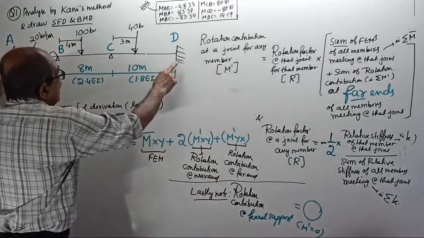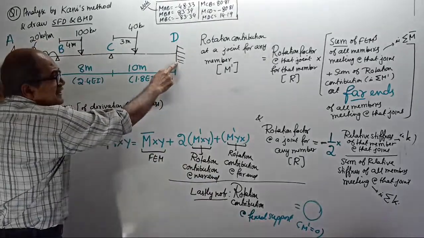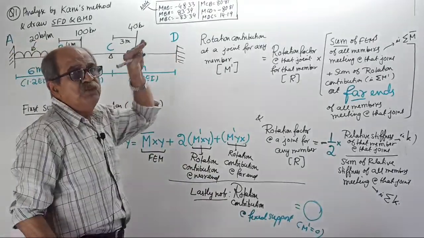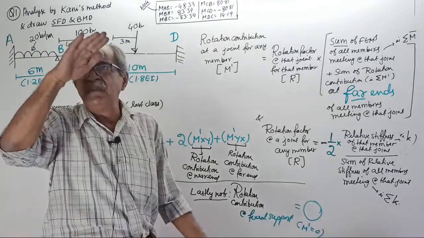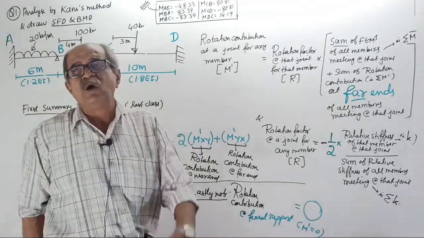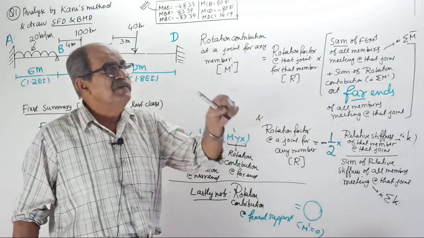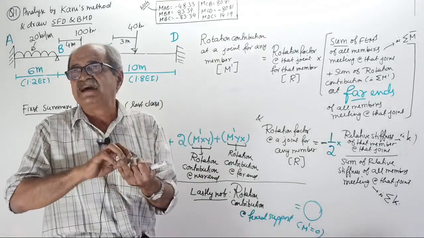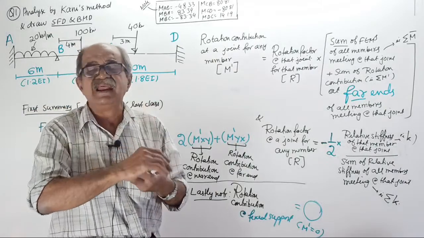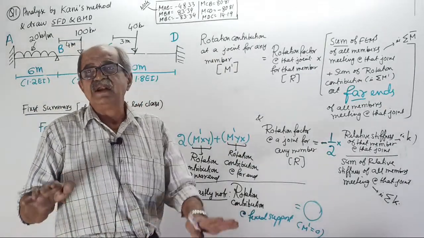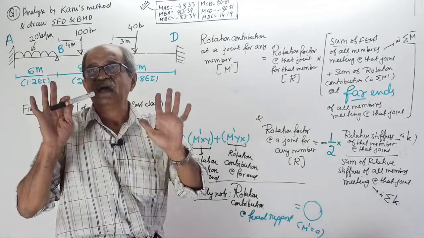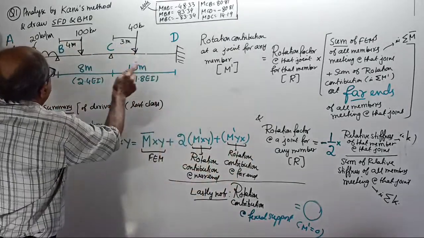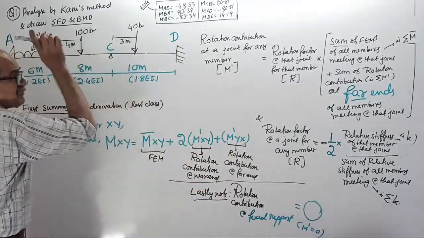See, both ends are fixed here. When the fixed end becomes a simple support, or if an overhang is there, or settlement is given, all that will come in the course, not here, in subsequent classes. We are doing the SD method, MD method and Kani's method simultaneously there. Therefore, today's class is meant to show how to analyze a 3-span continuous beam.